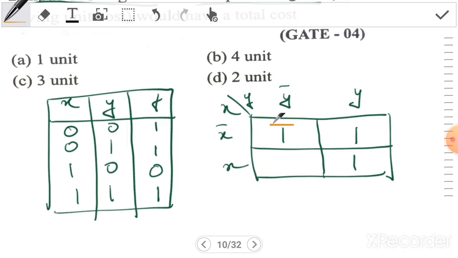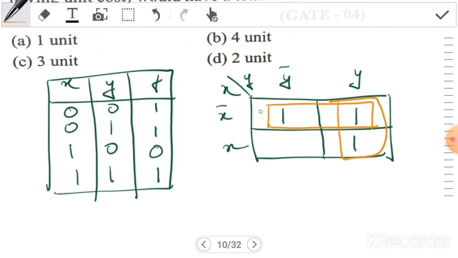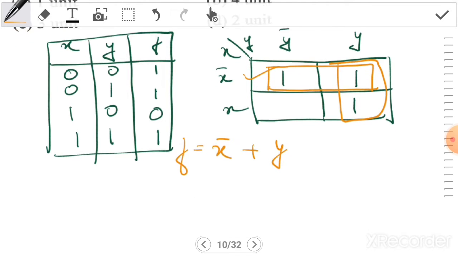Now combine these two cells and these two ones. So from this grouping we can write x complement plus, from this grouping we can write y. So we have f as minimized function as x complement plus y.